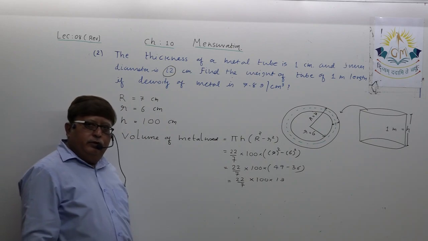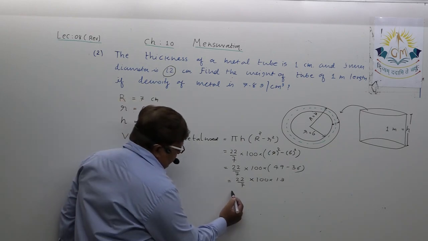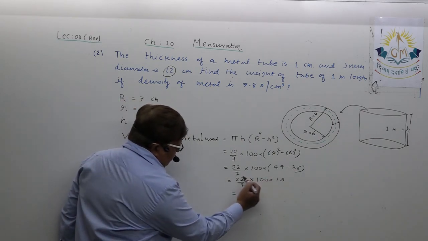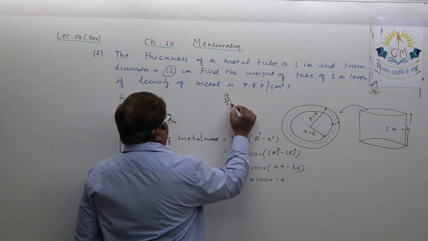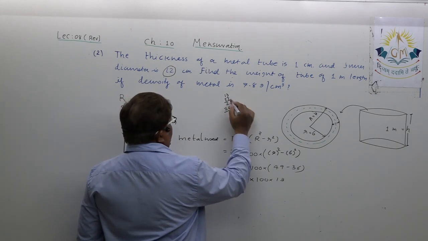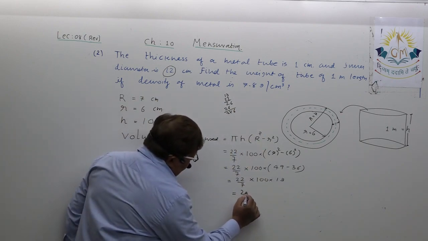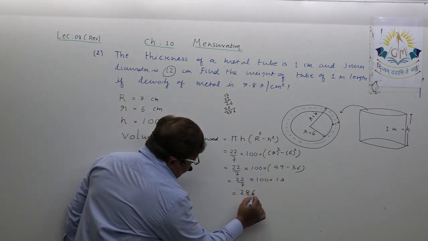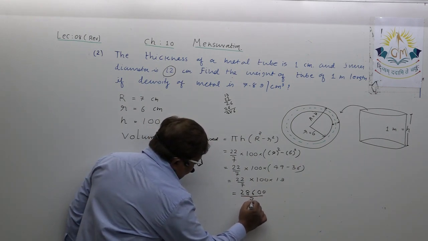No cancellation looks possible. The only way left is just multiply, dear student. 13 times 22, okay. 26 and 26, 6, 8 to 286. 286, 0, 0 upon 7.